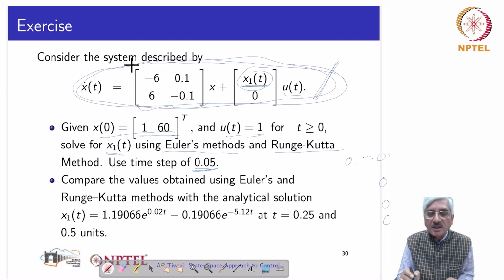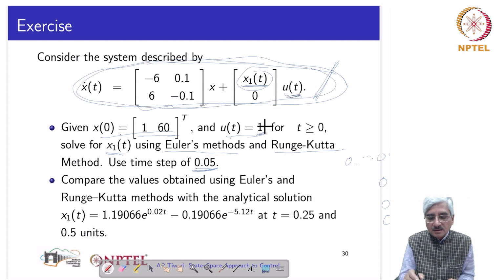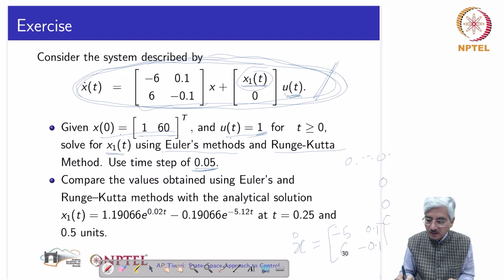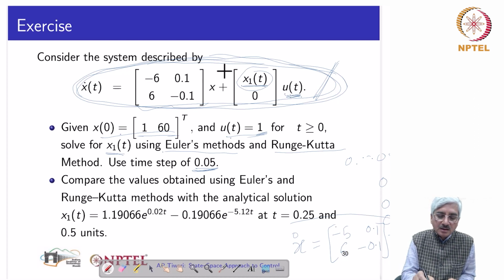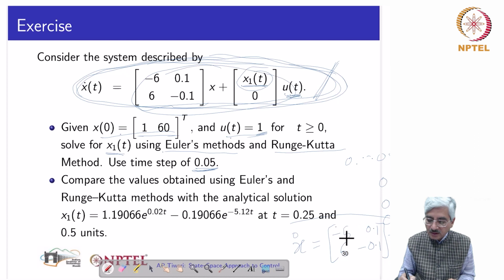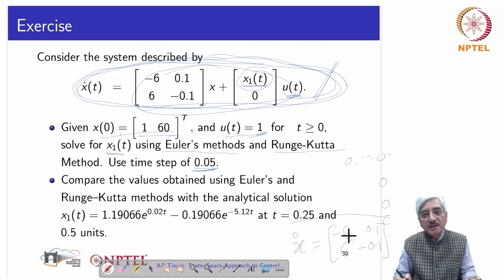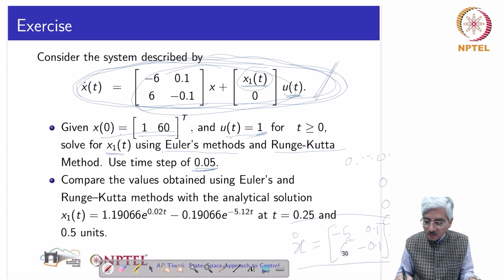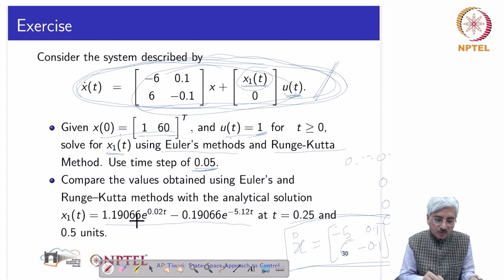To do that, what we utilize is that when input is 1, then this state equation can be simplified as x dot equal to minus 5.1 x minus 0.1 x, because this 1 into x1 merges in this part and then this coefficient changes, becomes minus 5, and this is like an autonomous equation which can be solved, and most likely you will get this solution.